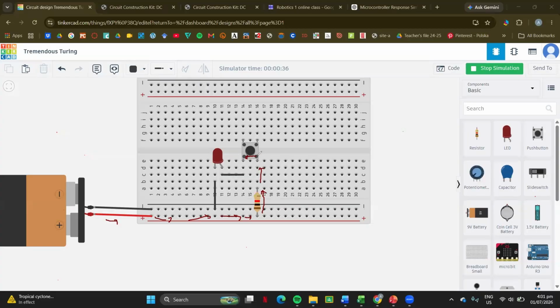So it flows from row 16, across row 16 to 14, and then down here, and then there, and so on. Okay, again, if I press the button, I get the LED lighting up.